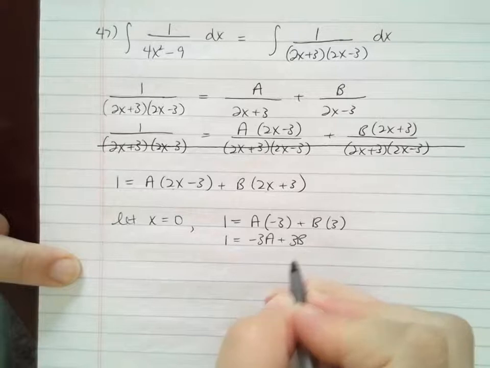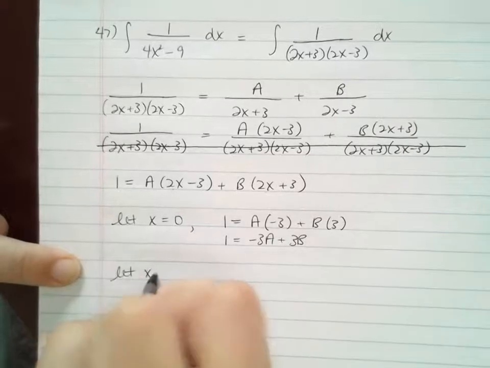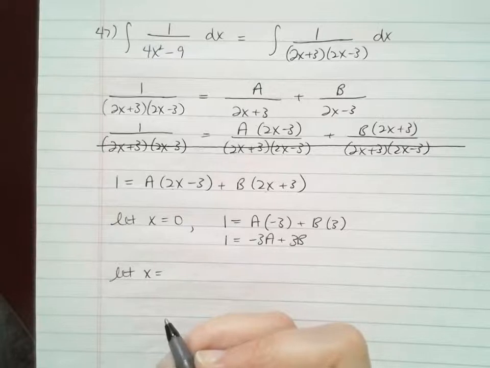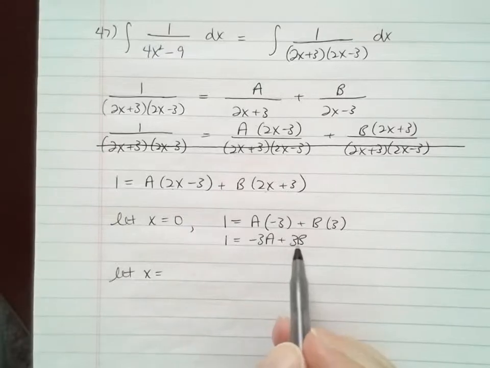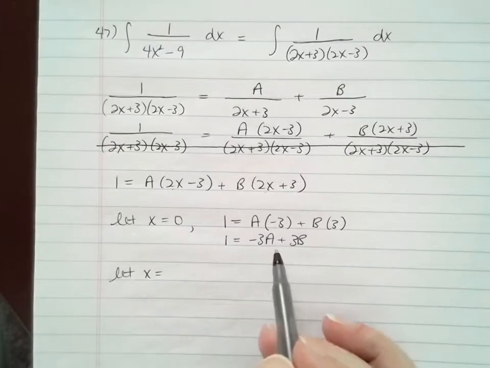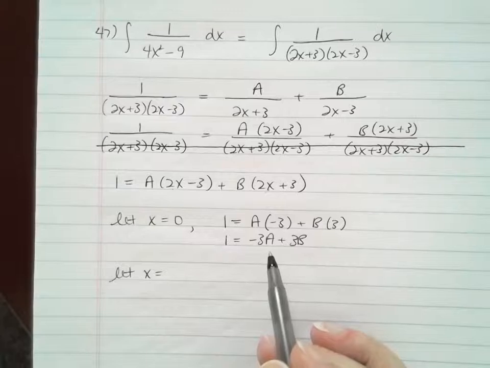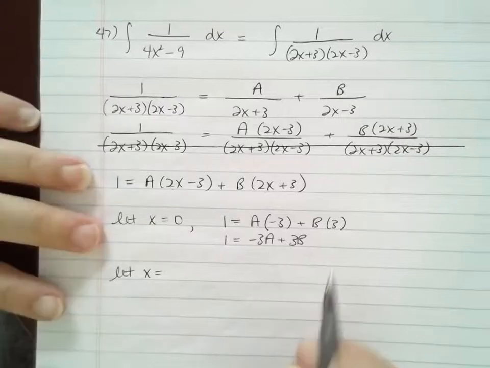Now that's not going to help me get an answer until and unless I pick another x value that introduces another binomial or whatever, and then we're going to have to do elimination to figure out these two. So I want to do that just in case you don't pick the right numbers right away. But just know that if you pick the right numbers right away, we would have had an answer for A or B already.